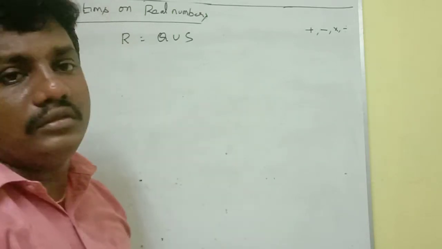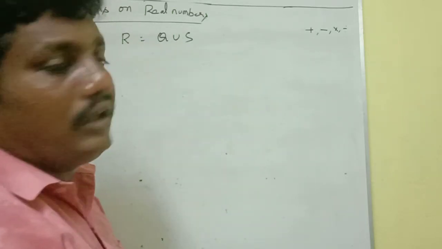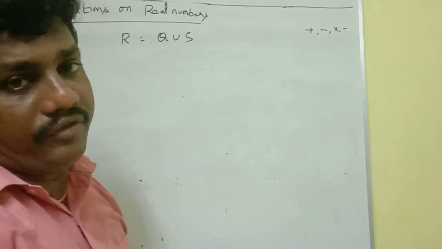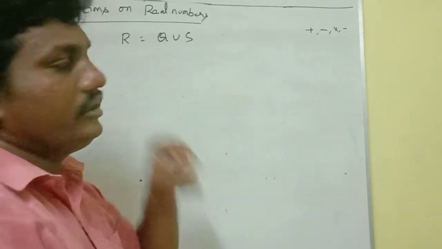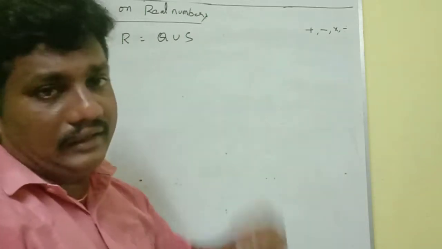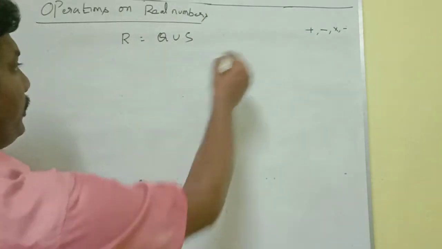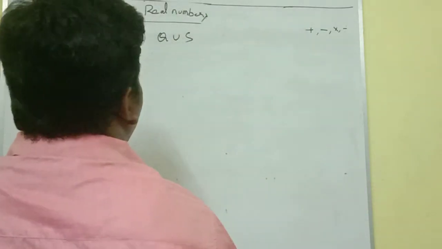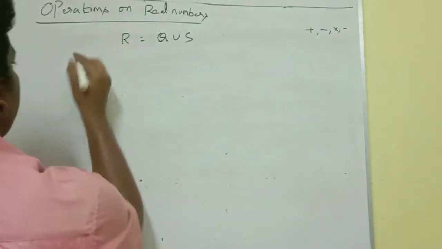Now we are going to find the arithmetic operations between a rational number and an irrational number. What is that result? Let me consider first the sum of a rational number and an irrational number.